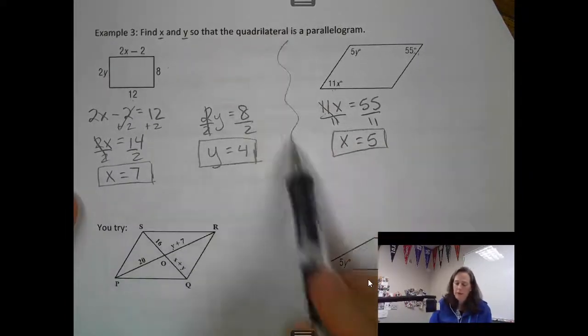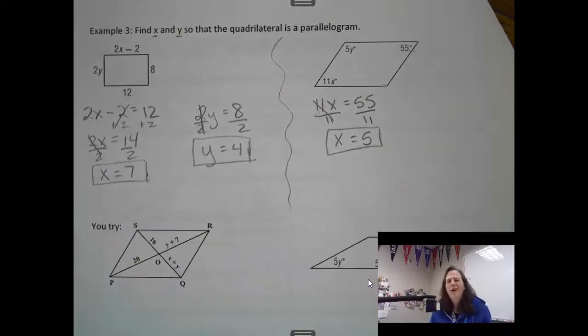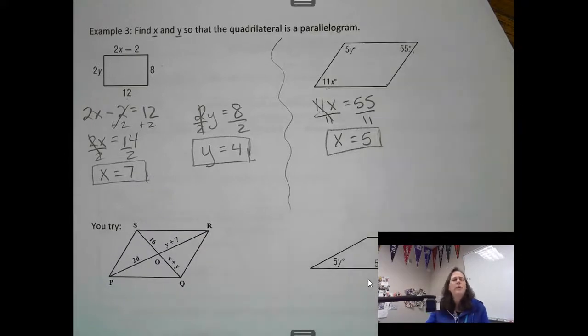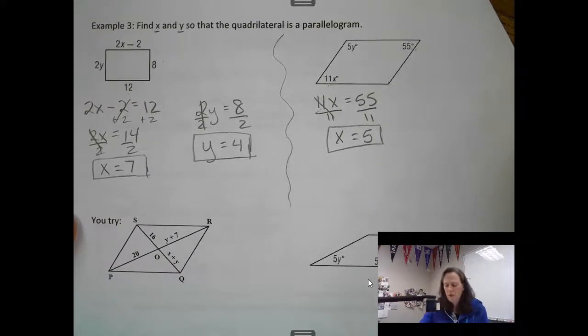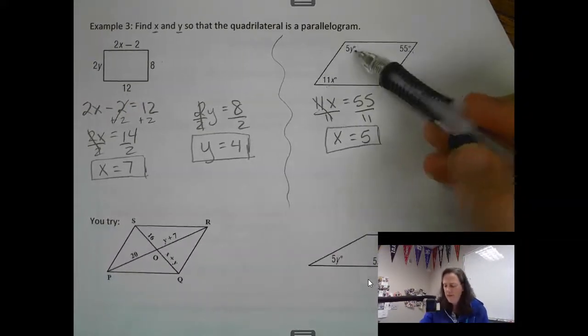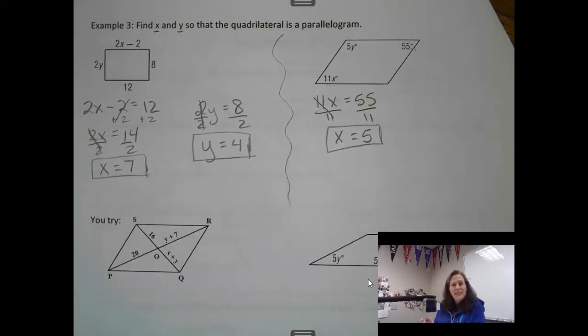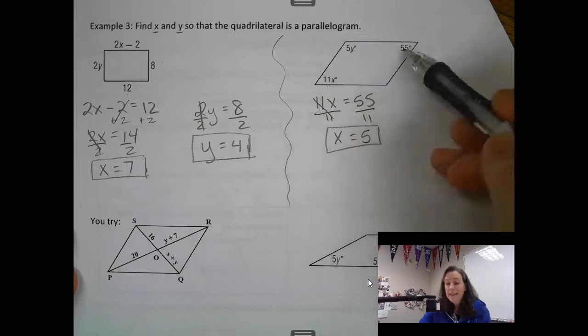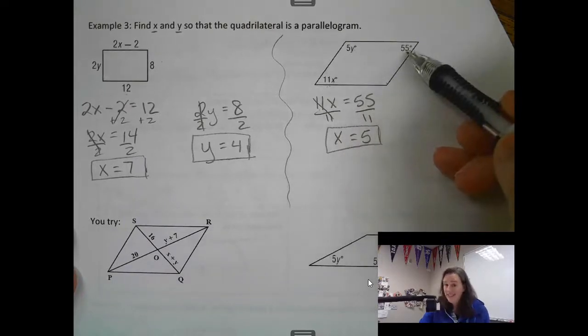All right, I'm going to put a little squiggle here because I'm getting them confused. Now the other angle, though, is not opposite anything. Do you remember a rule from last section 6.2 that might help us with an angle like that? I'm thinking it's consecutive angles.